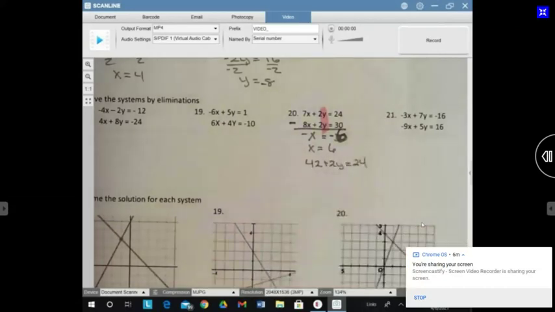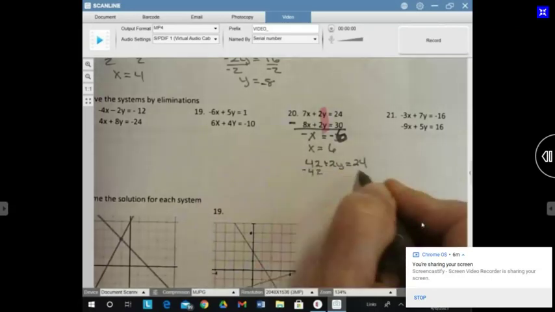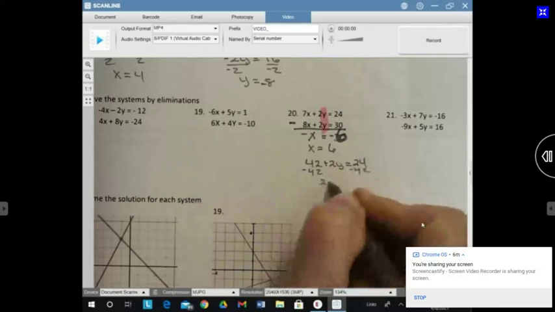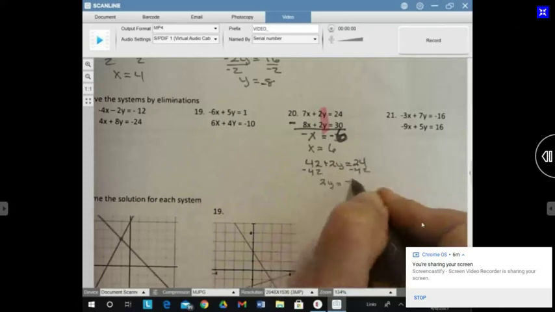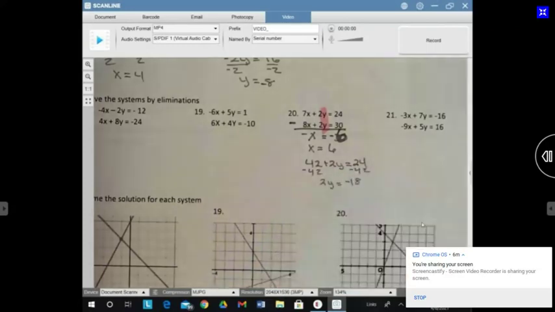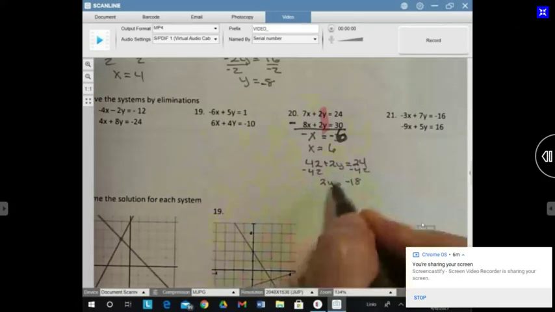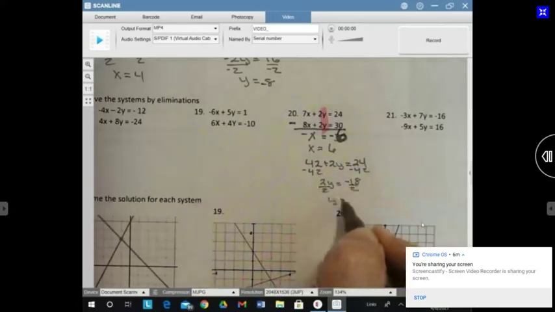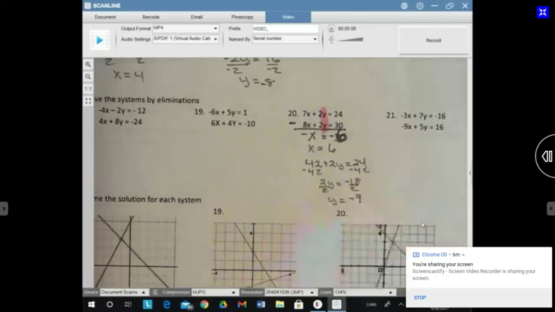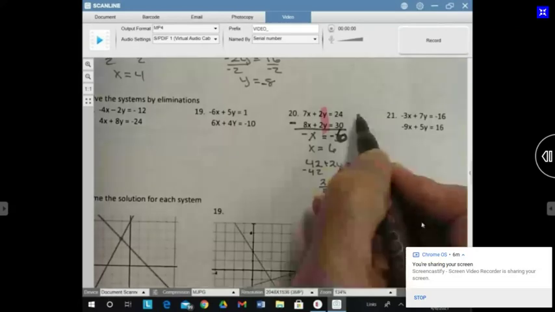Subtracting that 42, 2y equals negative 18. Divide by that 2, and y is equal to a negative 9. So my solution, 6 and negative 9.